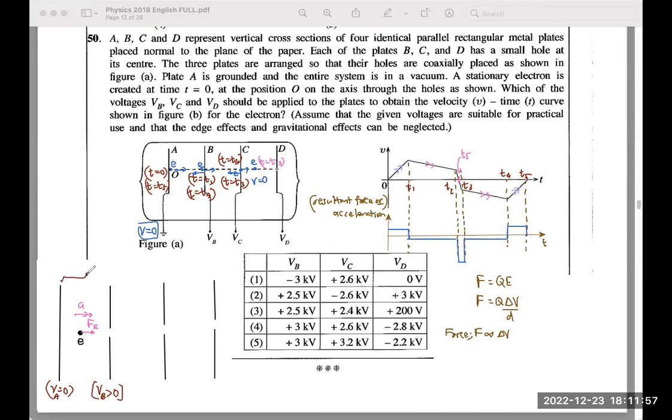So here, in this region, the electron is accelerating, with the force towards right. And what is happening to the electron in this region?